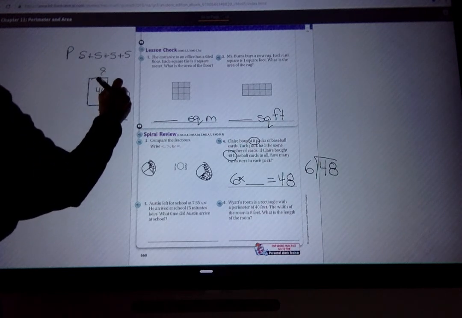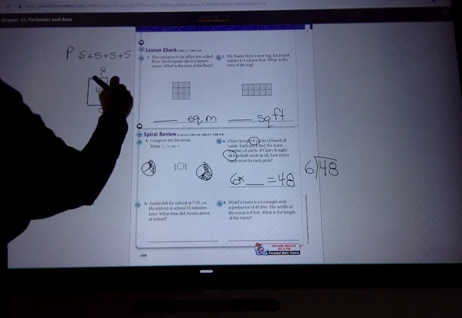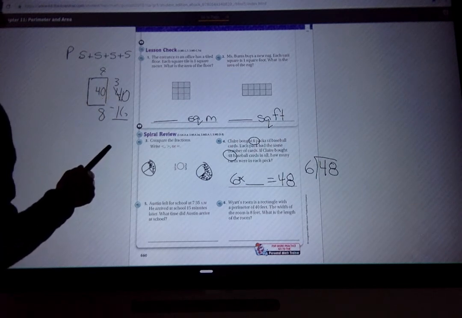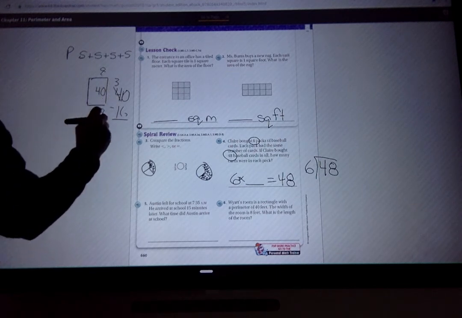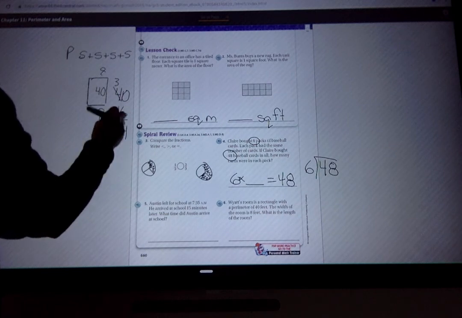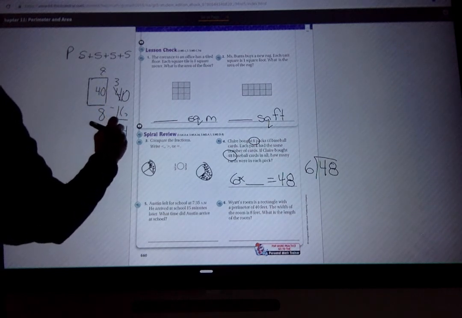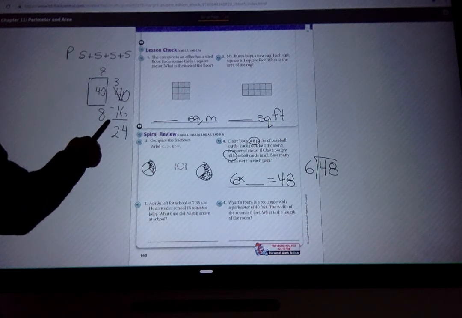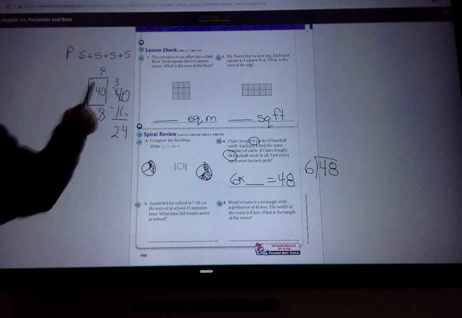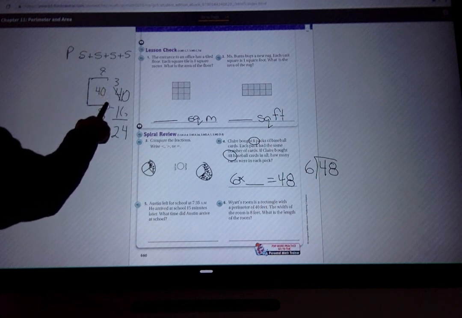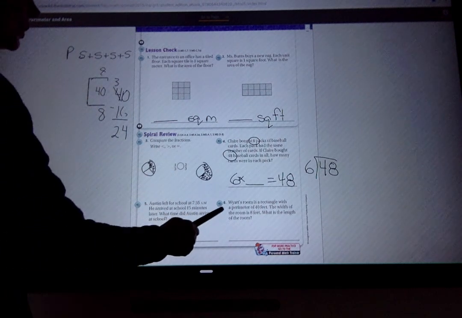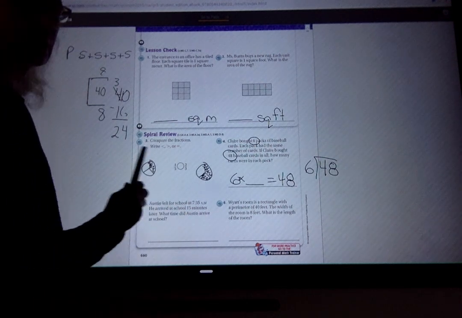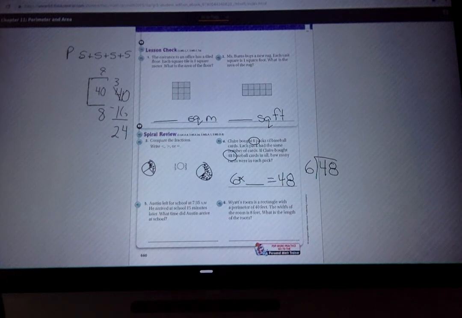I have to borrow. Now I have 10 take away 6, 3 take away 1. 10 take away 6 is 4, 3 take away 1 is 2, 24, but that's not my answer because I have to split that 24, so half of it's on this side and half is on this side. So you can figure out the length of the room with what you know.